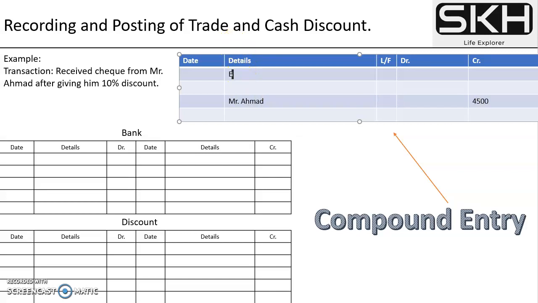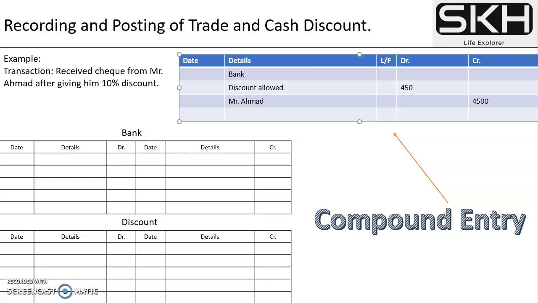Now he is paying us money. He is not paying us 4,500, but he is paying us the amount after discount. So 4,500 multiplied by 10 divided by 100. So the discount is 450. So I will write here discount allowed, because we are giving this discount and that discount is our expense.